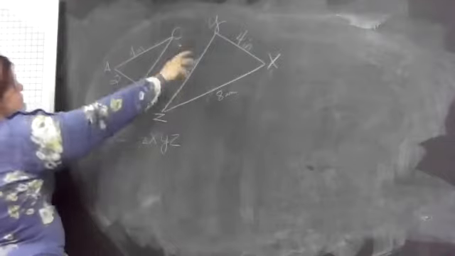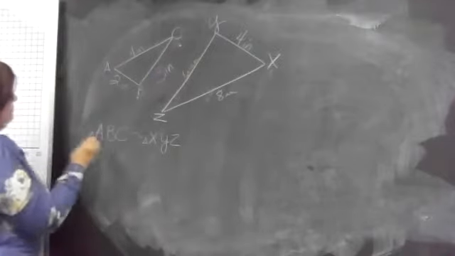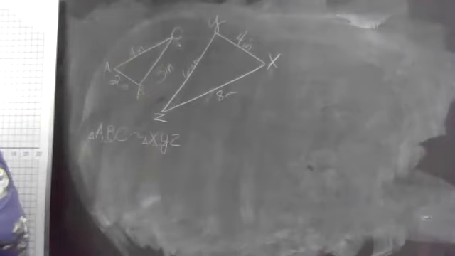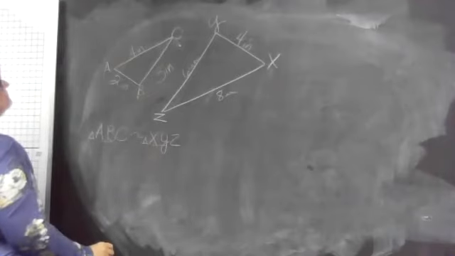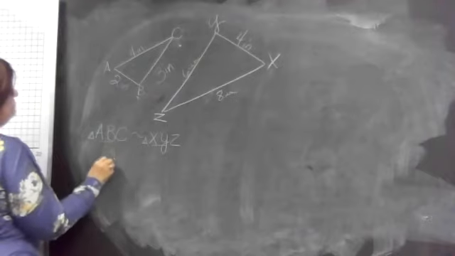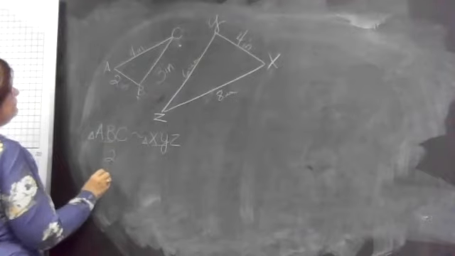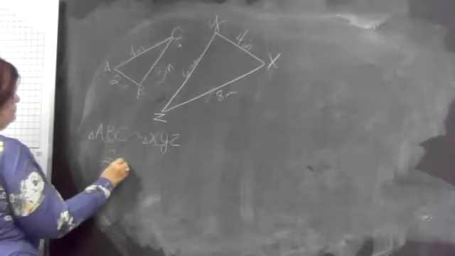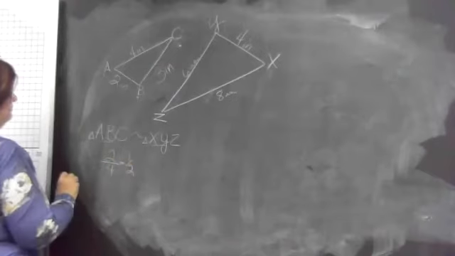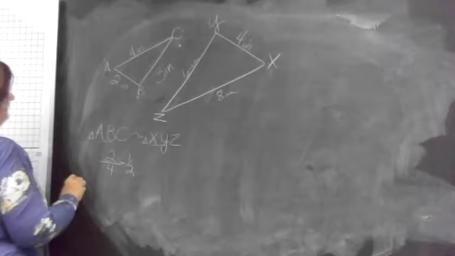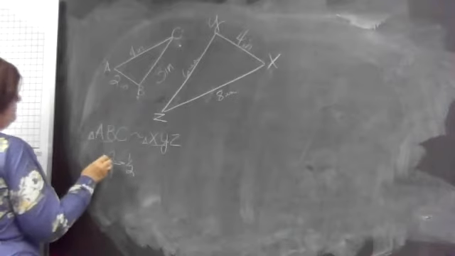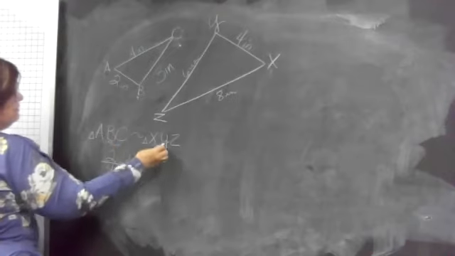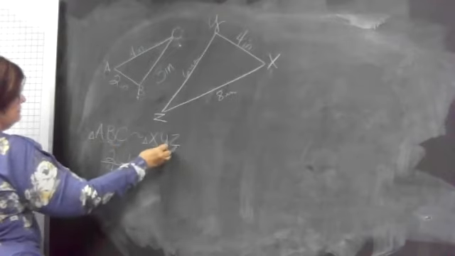However you want to figure these out. That means that I need to compare AB over XY. So I've got 2 over 4 equals 1/2, right? Everybody got really quiet. And then I want to do BC and YZ.